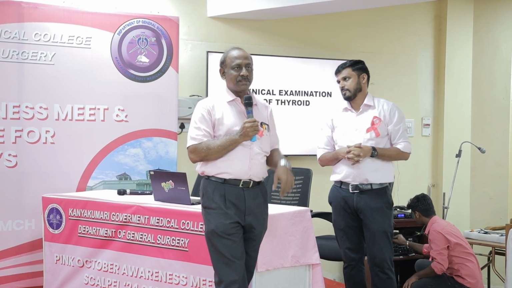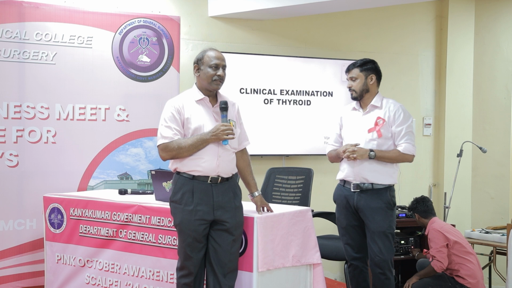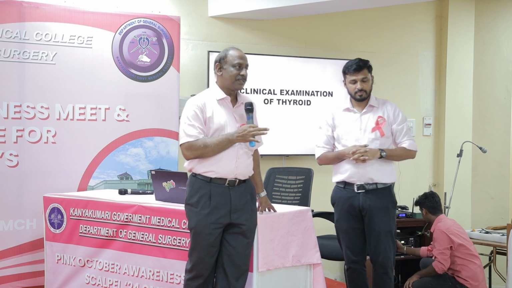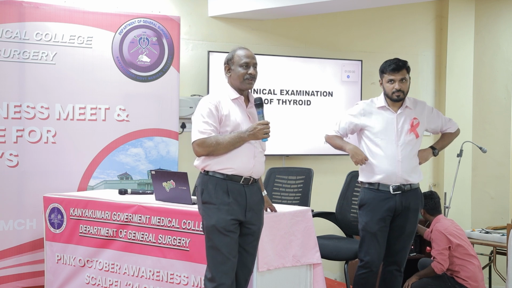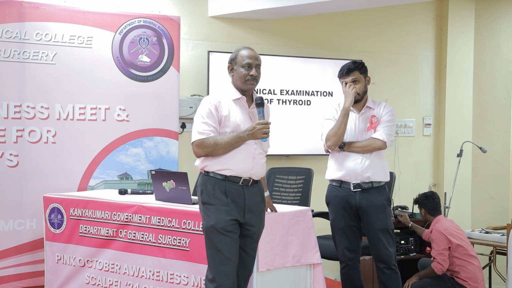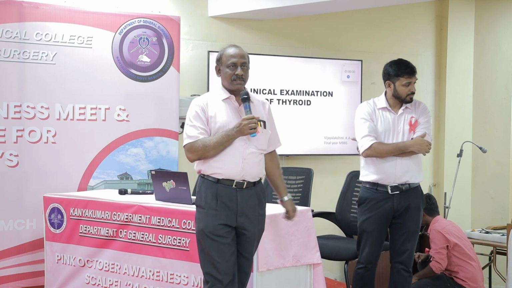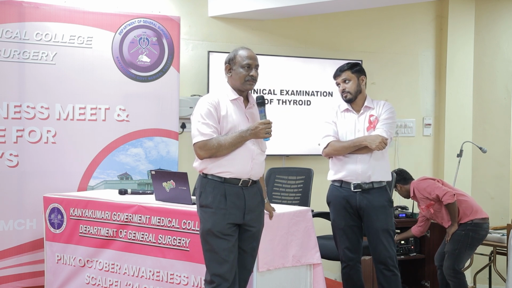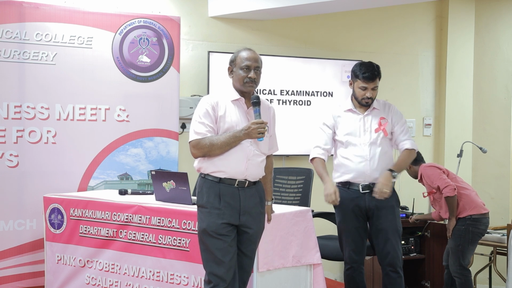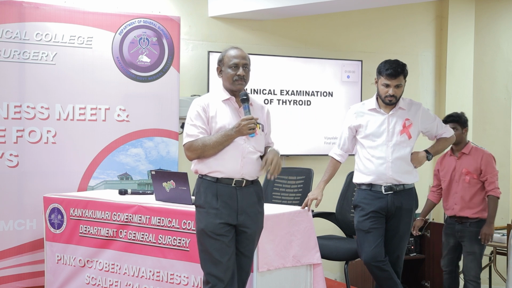That TRH stimulates the anterior pituitary gland to secrete TSH. What is the normal value of TSH? 0.5 to 5 international units. That TSH stimulates the thyroid gland to secrete T3 and T4. And the 5 steps, iodide trapping, the steps you might have studied.